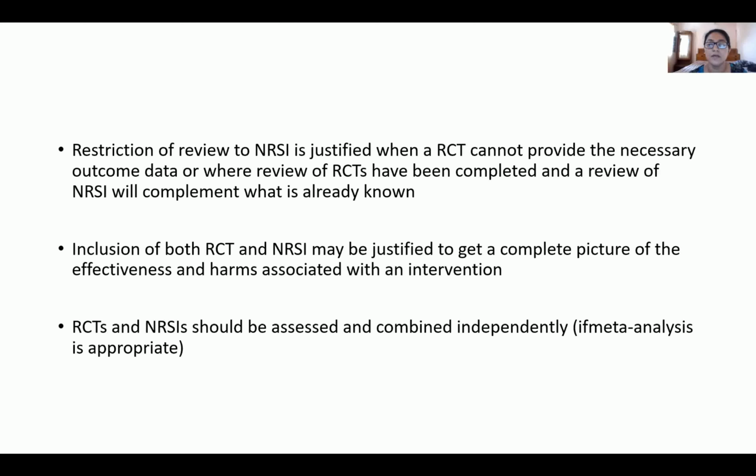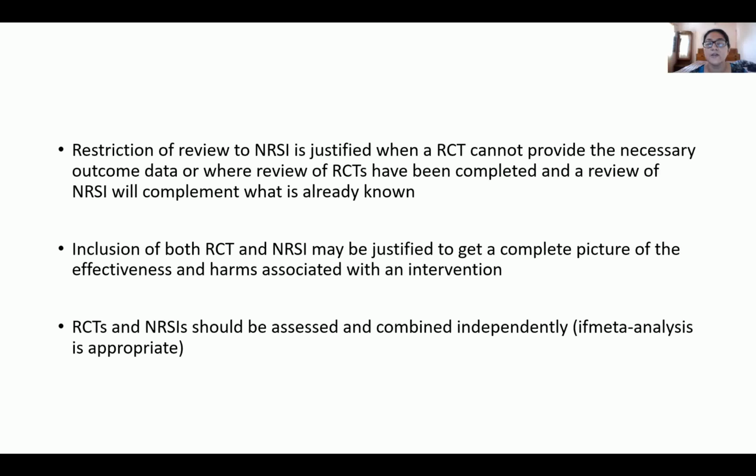what is evident from these slides is that the ideal situation is a systematic review of RCTs. Sometimes when the relevant RCTs are not available, or RCTs do not give a complete picture, then we can include the non-randomized studies also. And in some situations, we may have to do a systematic review of only non-randomized studies.